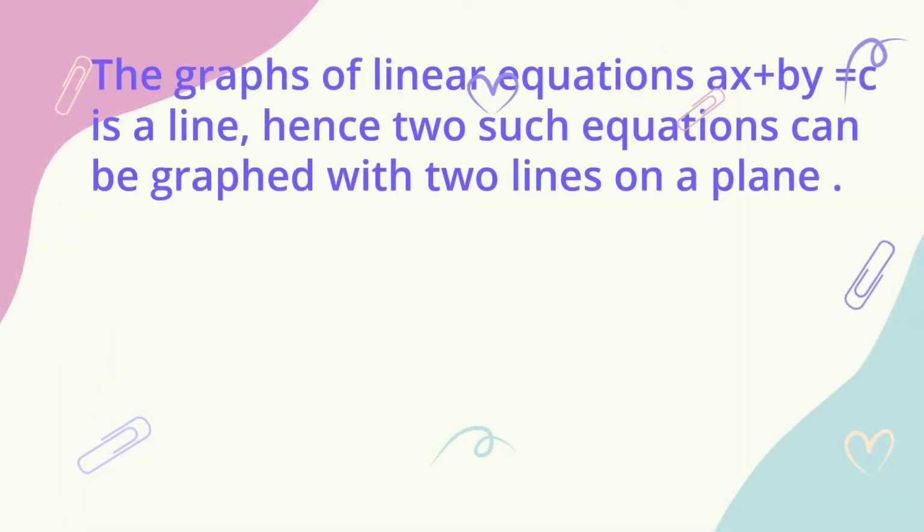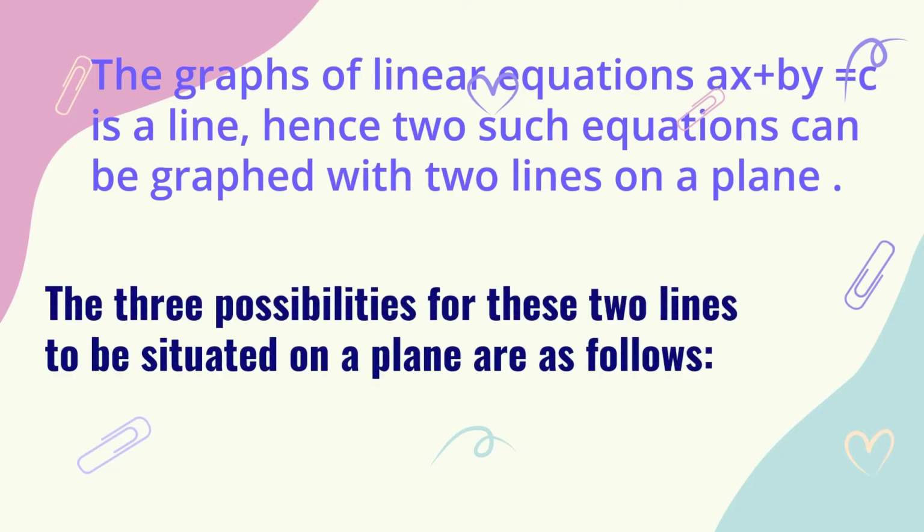The graph of a linear equation ax plus by equals c is a line. Hence, two such equations can be graphed with two lines on a plane. The three possibilities for these two lines to be situated on a plane are as follows.